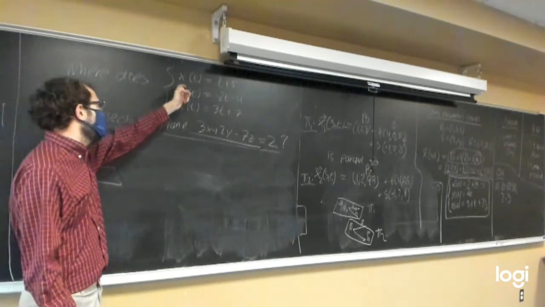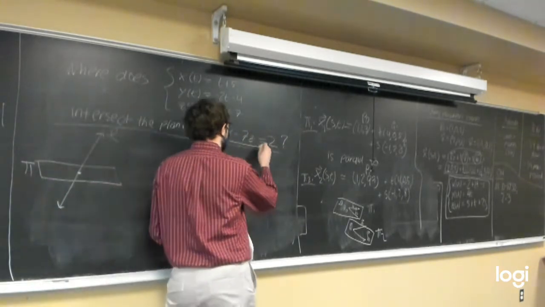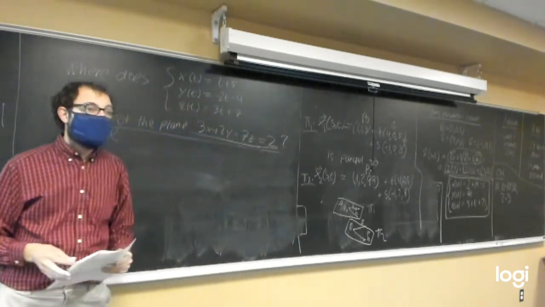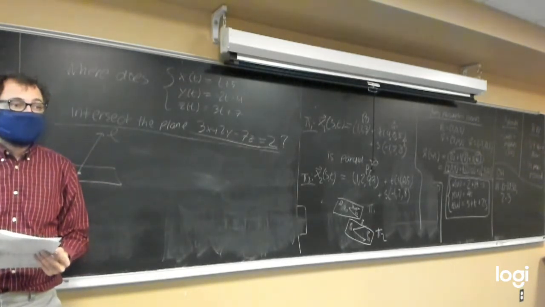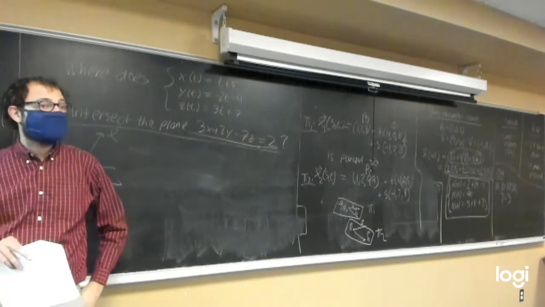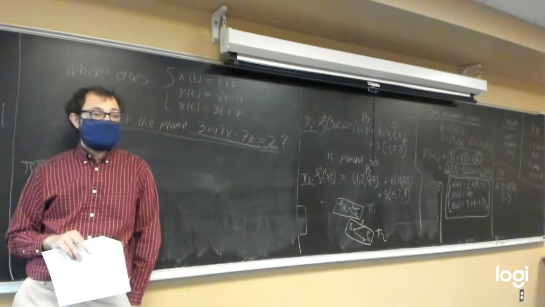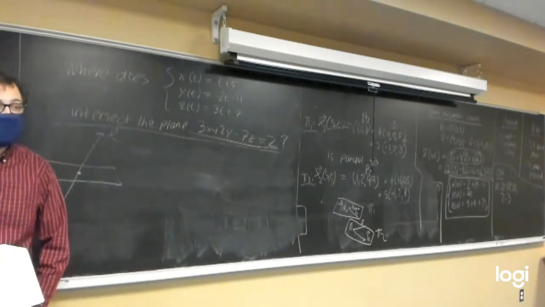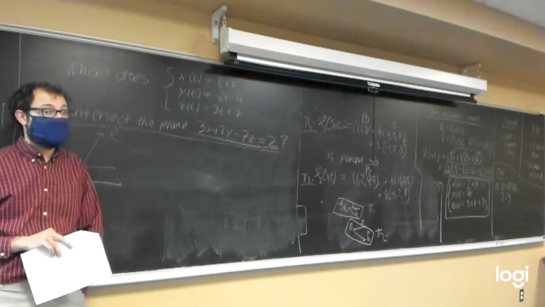So if we wanted to find a point xyz that made this equation come true, what sort of substitution could we make that would allow us to end up solving for something? Solve for x, y, and z, or potentially solve for t. I'd like to end up with some equation that we could just solve for a single variable.